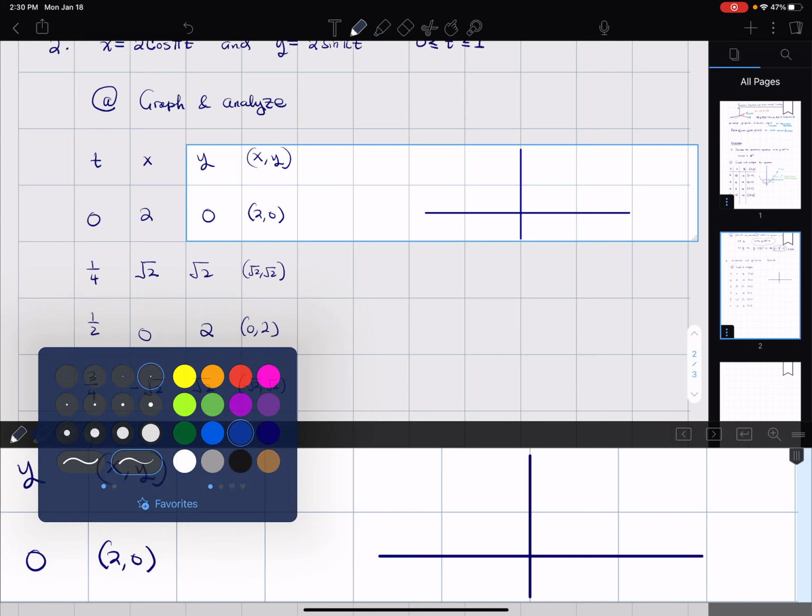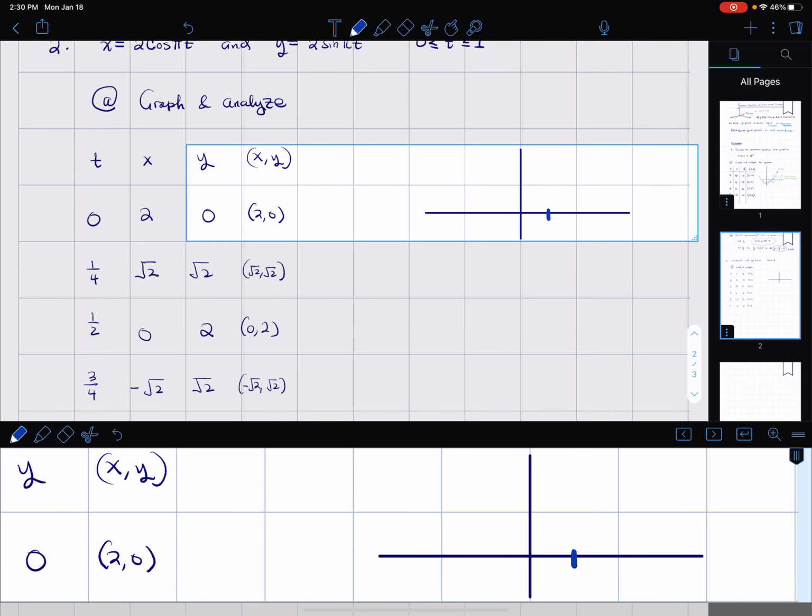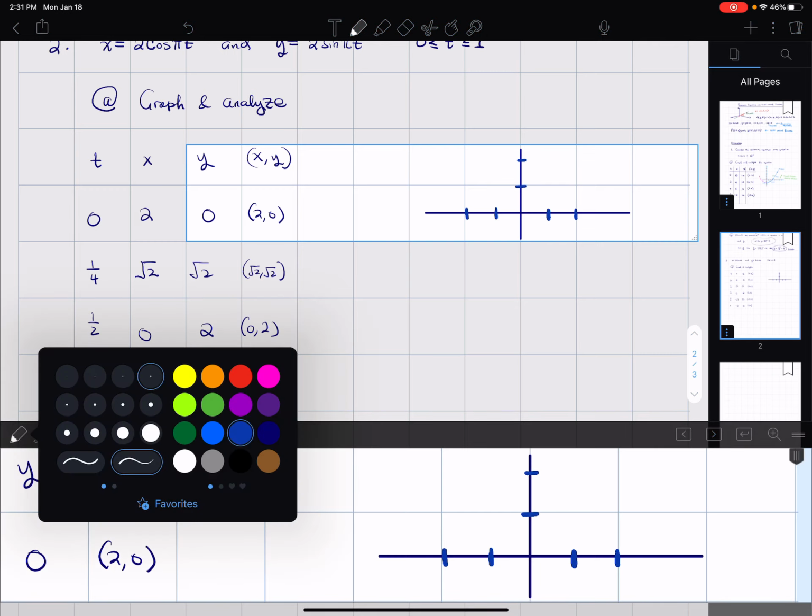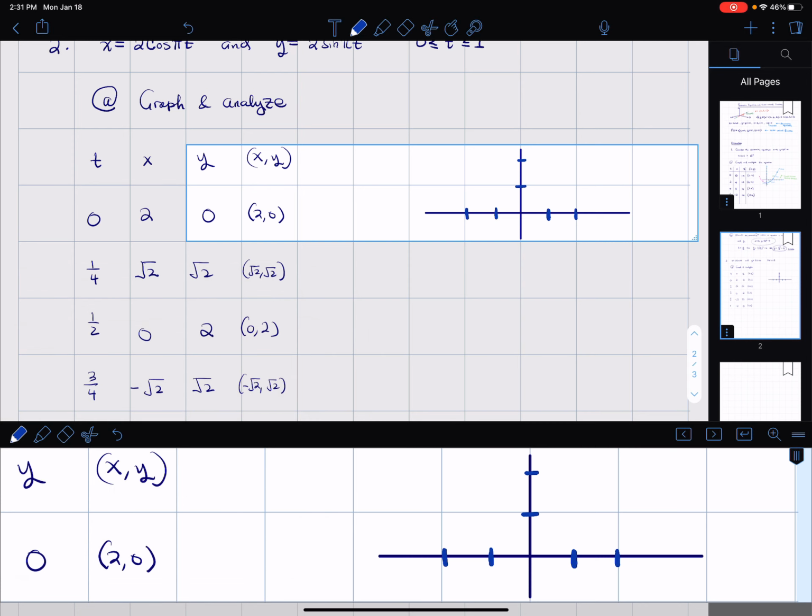Let's mark our axes. This is 1. This is 2. Negative 1. Negative 2. 1, 2. And then let's now choose the values we want to plot.